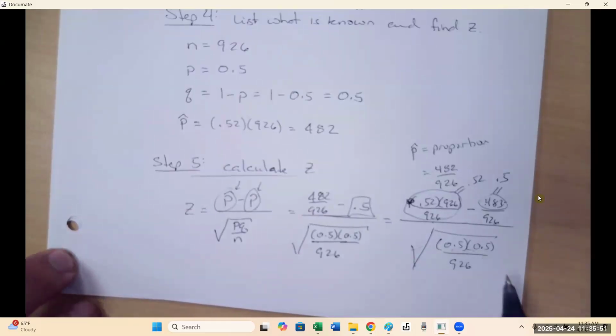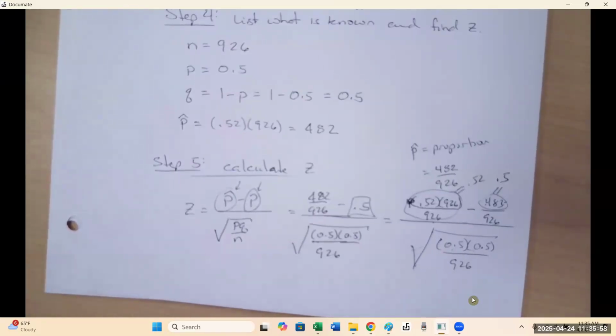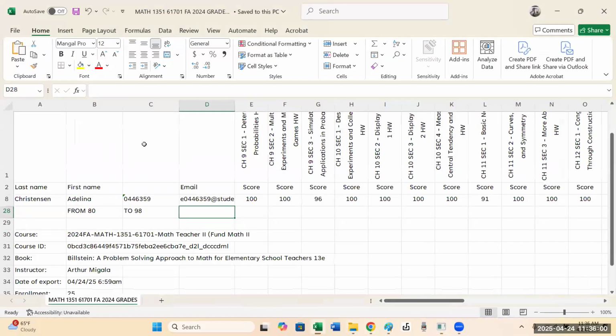And these are also proportions, ratios. We plug all those in our formula.